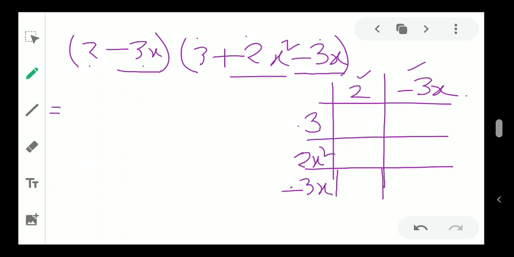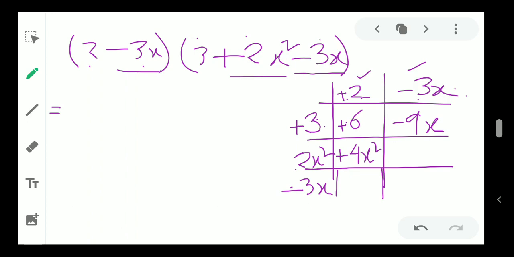I will just multiply. 2 and 3 are 6. 3 and minus 3x, plus and minus is minus, 3 and 3 is 9, and x is there. 2 and 2x squared, both are plus, so it will be plus, 2 2s are 4 and we have x squared with it.